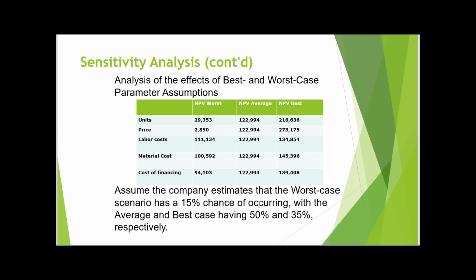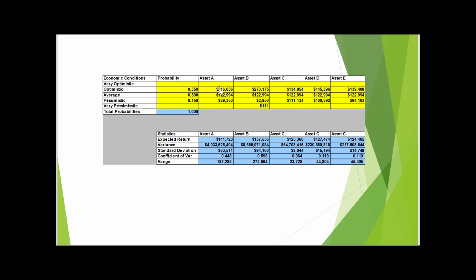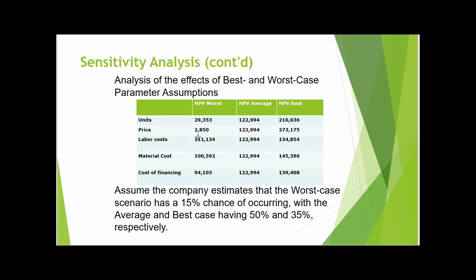So if we have these worst, average, and best cases, we can now apply the standalone risk concept to the riskiness of these projects. Let's look at project A. Here are our values, 29, 122, 216. Those are these numbers right here.